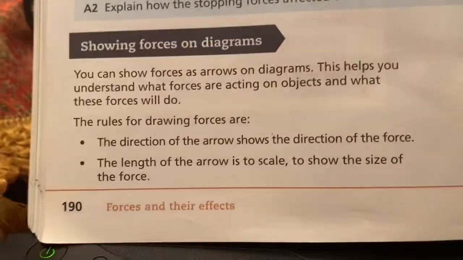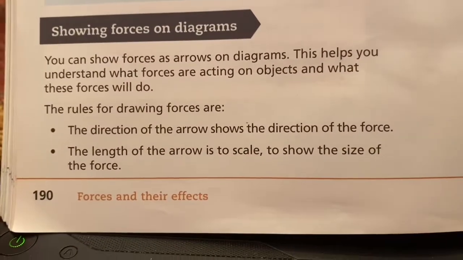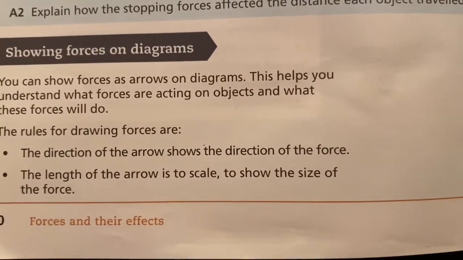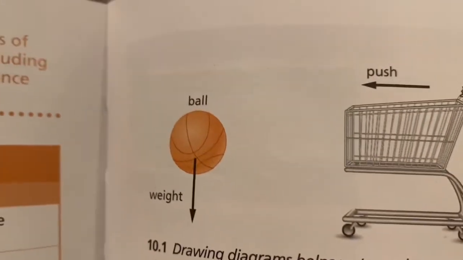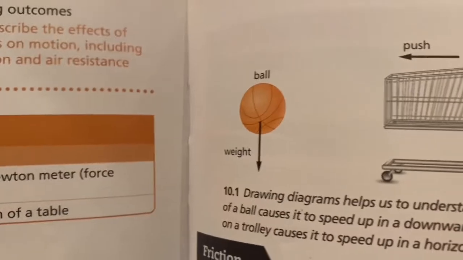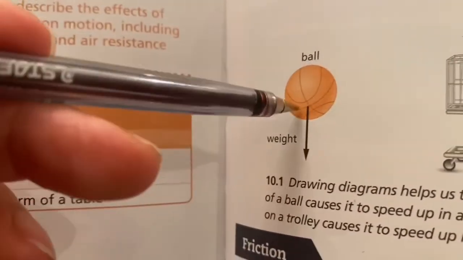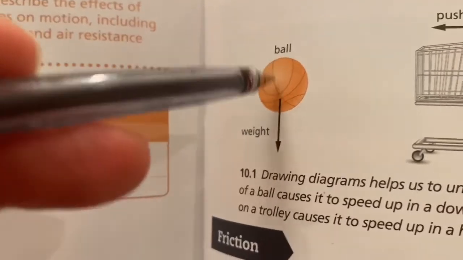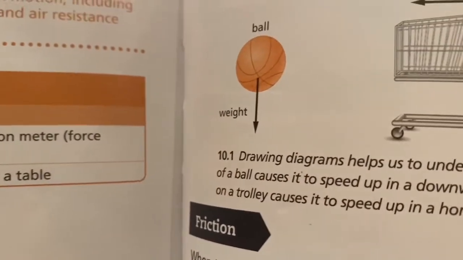Last thing, you have to know that we can draw motion. We can draw forces. For example, here in your book, the ball is falling down, so we have to draw an arrow that goes downwards, because what makes the ball fall? The gravity.